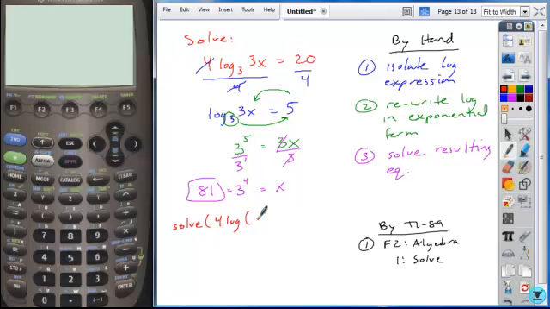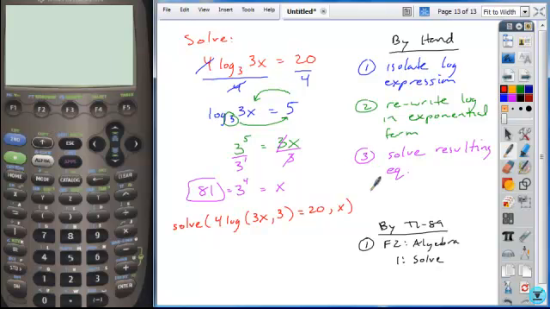The log form of your calculator is log, parentheses, whatever's inside your log comes first, so 3x, and then comma, whatever the base of your log is comes second. So log of parentheses 3x comma 3 is how you would express log base 3 of 3x. And then you can set that equal to 20 comma x.